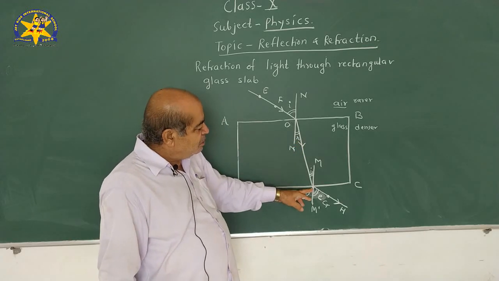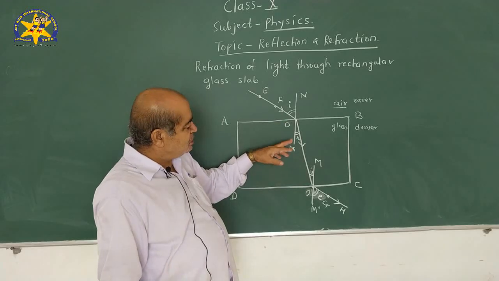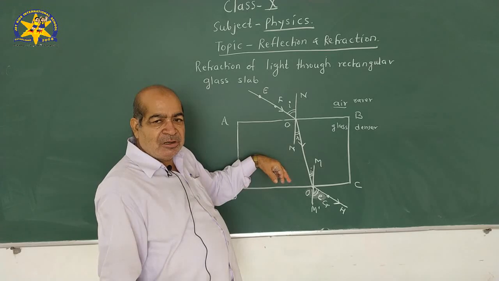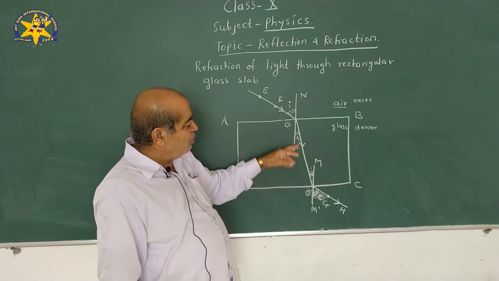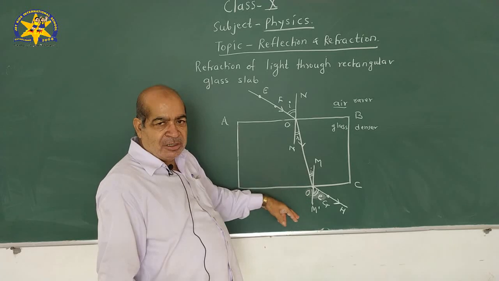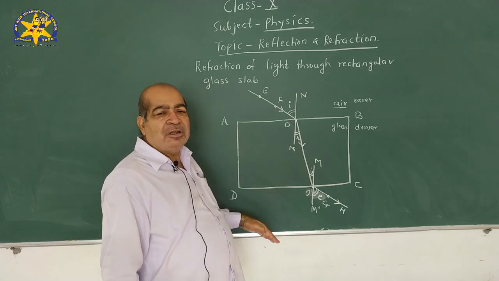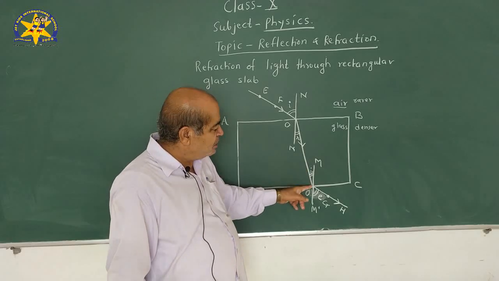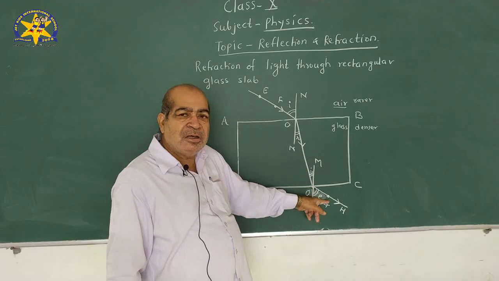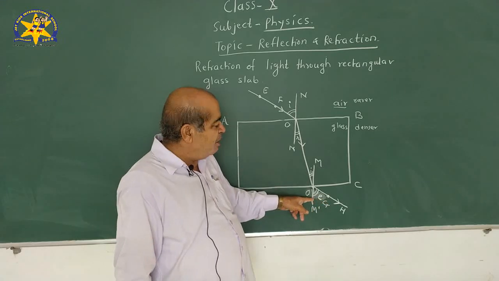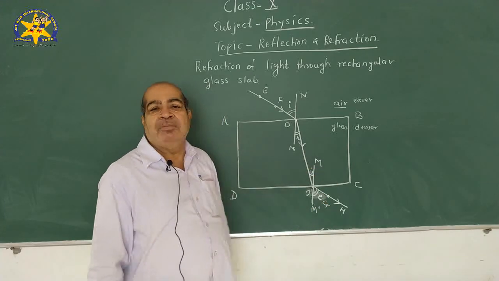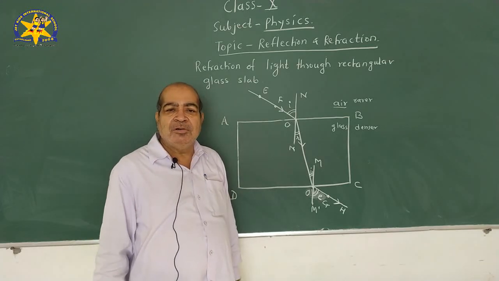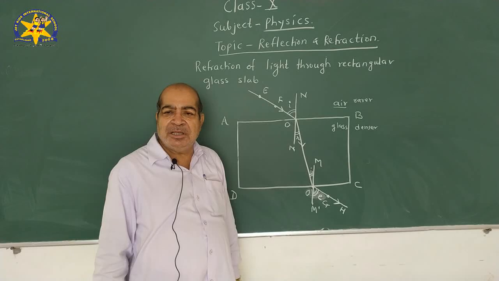This is one conclusion drawn from this experiment. There is a change in the direction of the light at O and at O dash. The second conclusion is, when light is traveling from the denser medium to the rarer medium, it bends away from the normal.